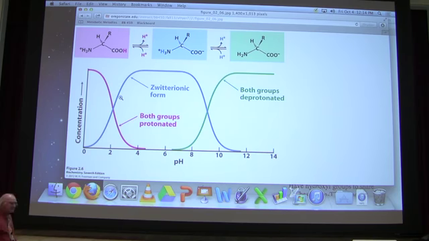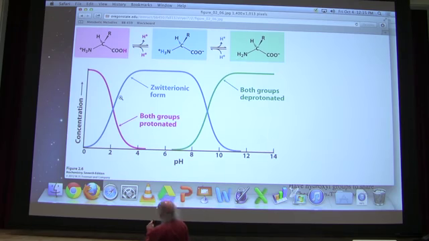Now, from your organic chemistry, you should remember the following. And yes, you will need to remember the following. Amines can have a charge of +1 if they have an extra proton, in which case they're an acid. Or they can have a charge of 0 if they've lost that proton, in which case they're a salt. There's the acid form of this amine.